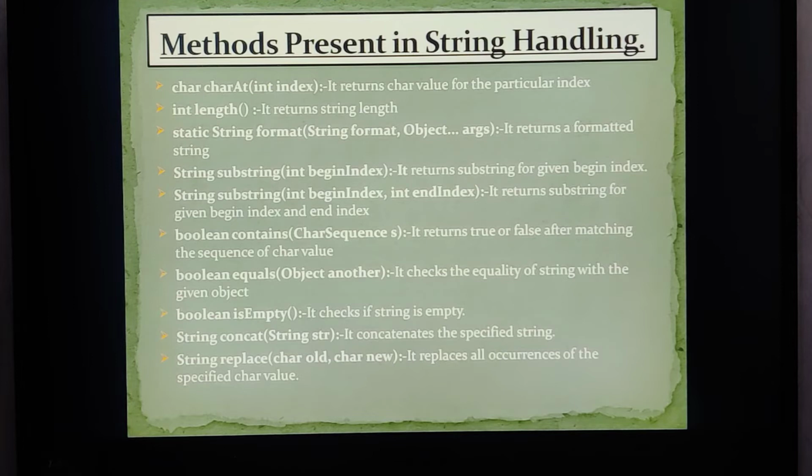So guys, please try to learn all these methods, because these are the most important methods which you will use in core Java coding, as well as when you go further, like in the framework case. You will get acquainted with these methods mostly, because every time you have to check whether the string is empty or not, whether the value equals another object or not, whether it contains the data or not, like that.